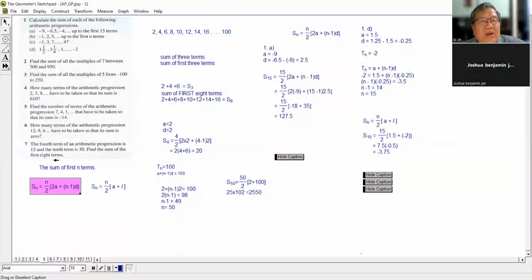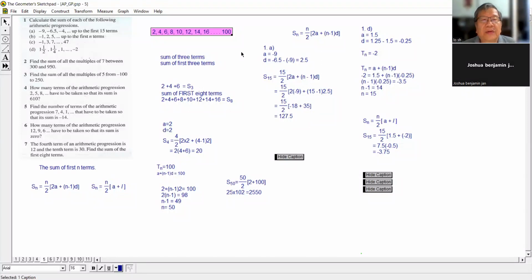Okay, now let's say we look at this. I want to find the sum of all these from 2 until 100. I want to add them up.